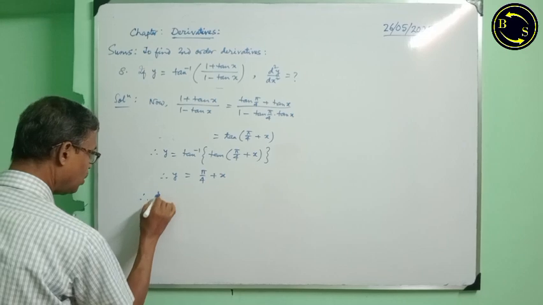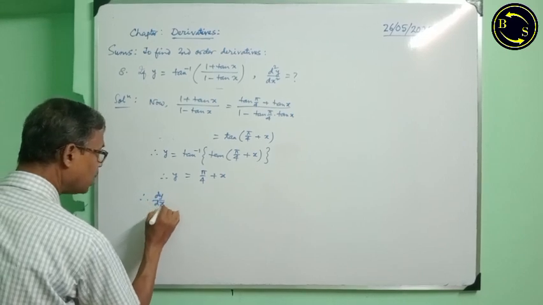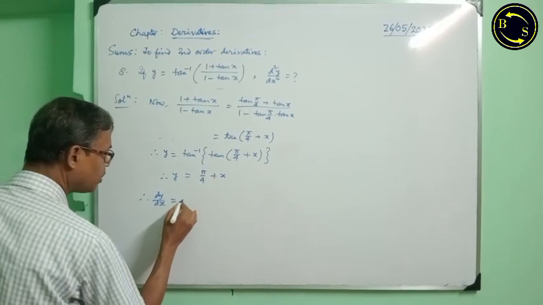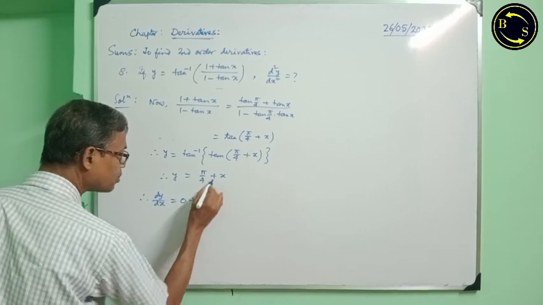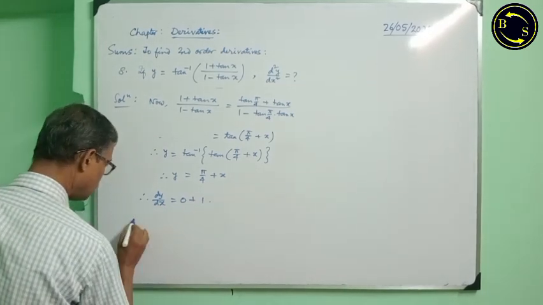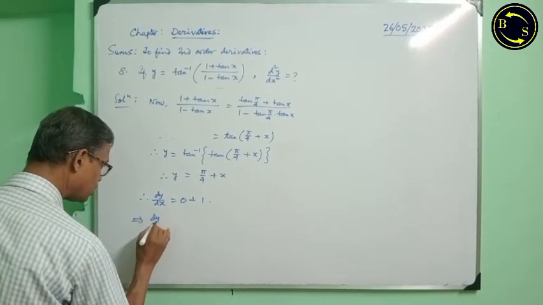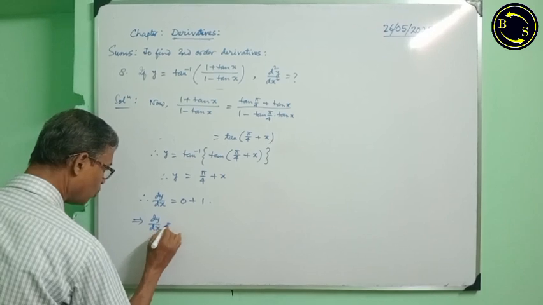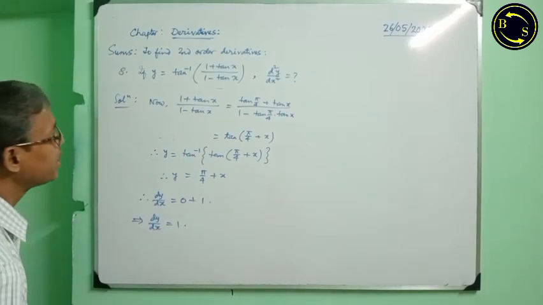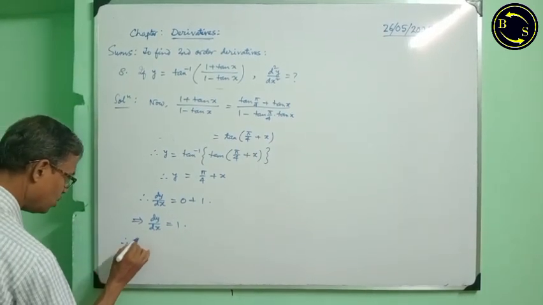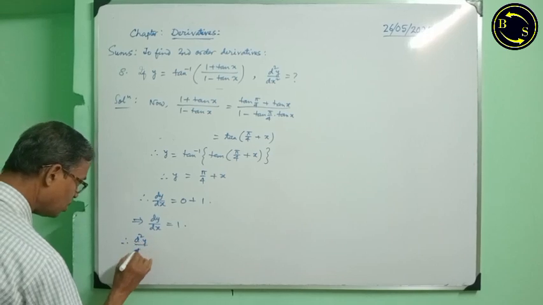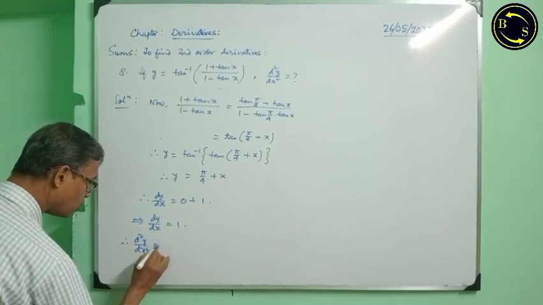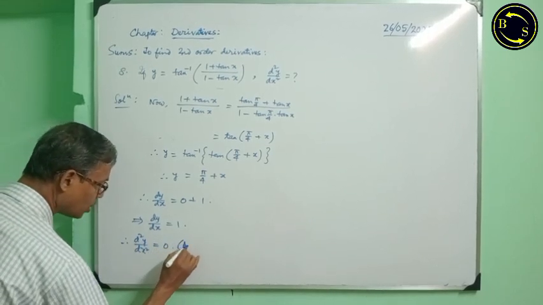Therefore dy/dx: pi by 4 is constant, so its derivative will be 0, plus derivative of x which is 1. Thus dy/dx equals 1, a constant, therefore d2y/dx2 equals 0. That is the answer.